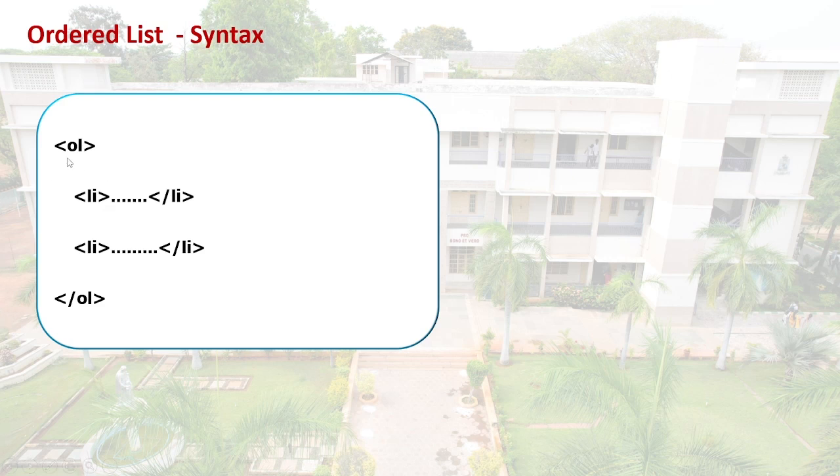We start the OL tag, then end the OL tag at the end of the list. In between the beginning OL tag and the end OL tag, we have to include list items. Whatever items we are going to list out in the list, those go in the LI tag.